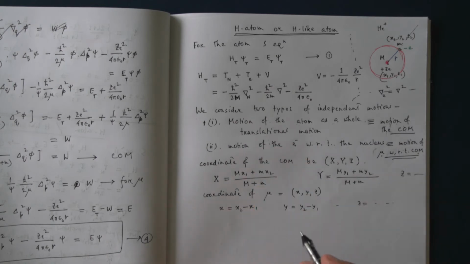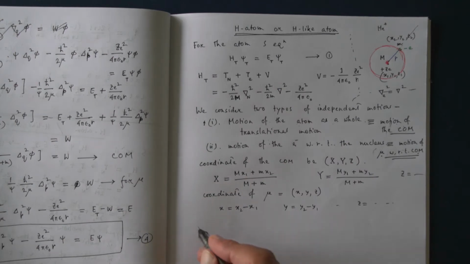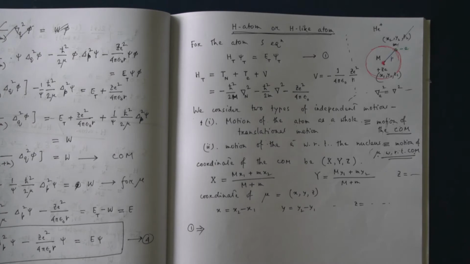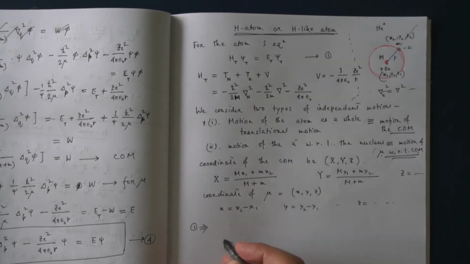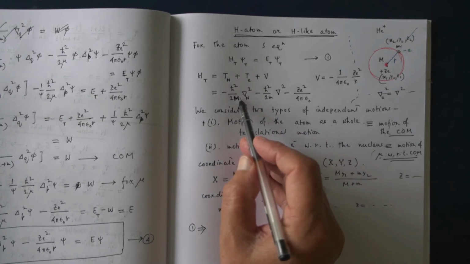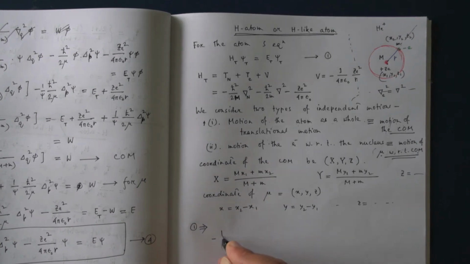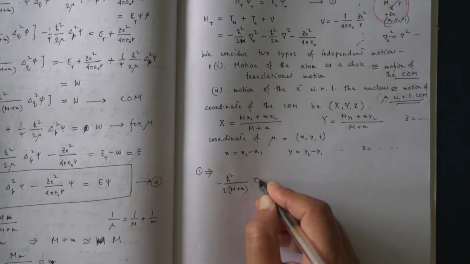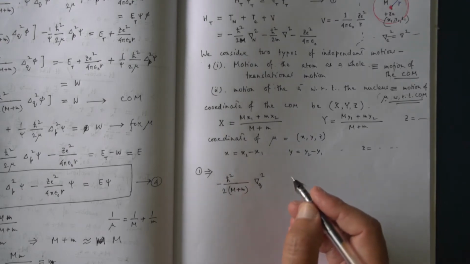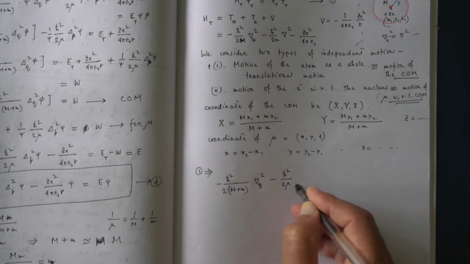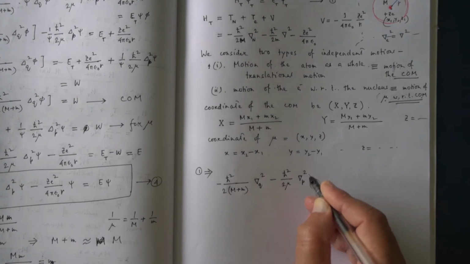Now this equation 1, we can write it like this: minus h bar square by 2(m plus m), for the center of mass, and let me represent it as Q, then minus h bar square by 2 mu, and let me represent it as P square.